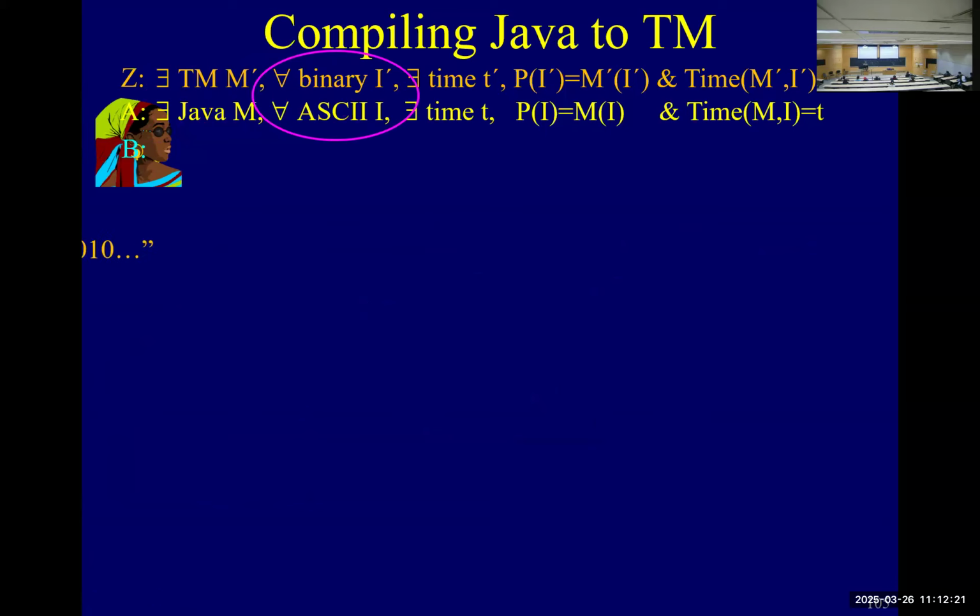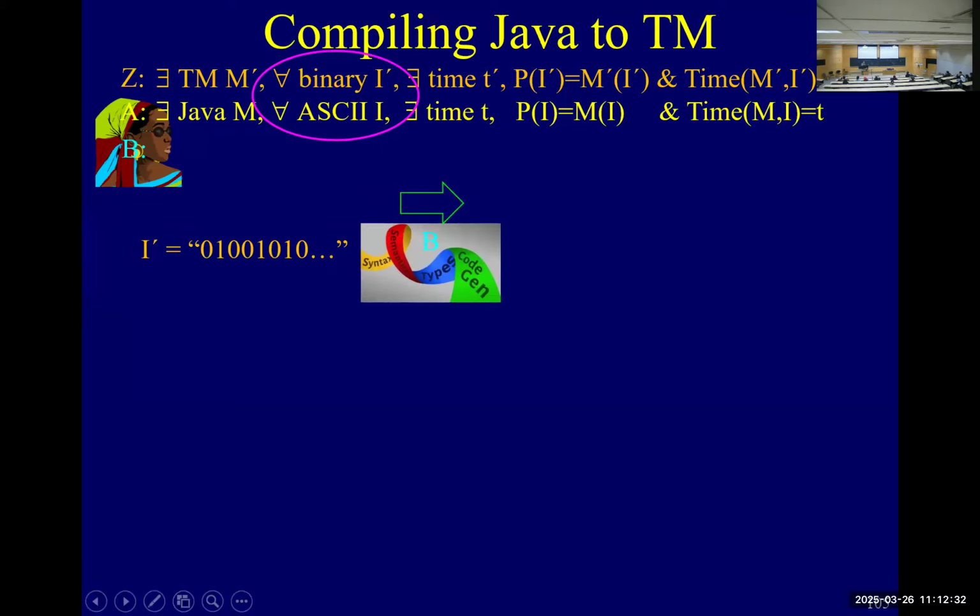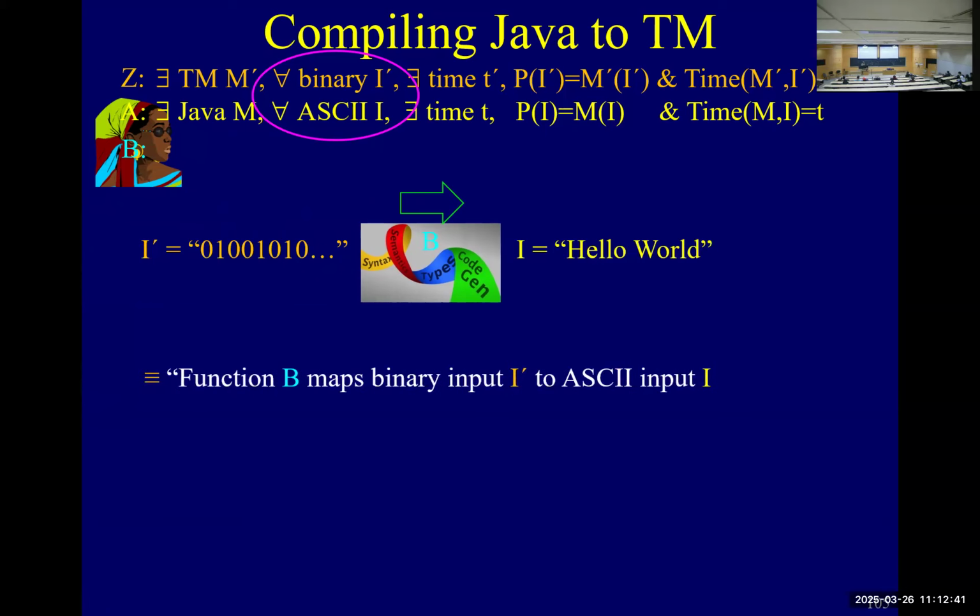What does this say? It says the Turing machine takes the input in binary, right? And given something in binary, I can translate it over to ASCII, right? And there's a function, let's call it B, that takes as input something in binary and maps it over to something in ASCII, right?